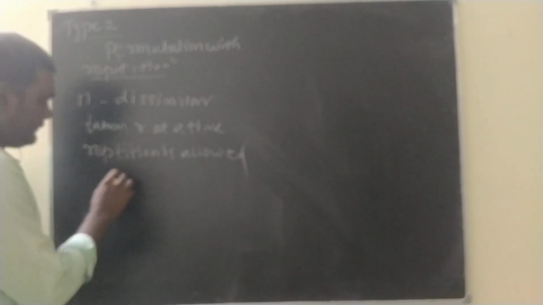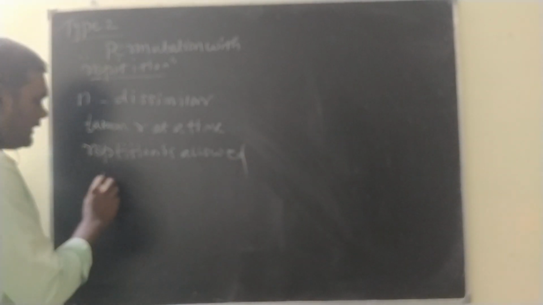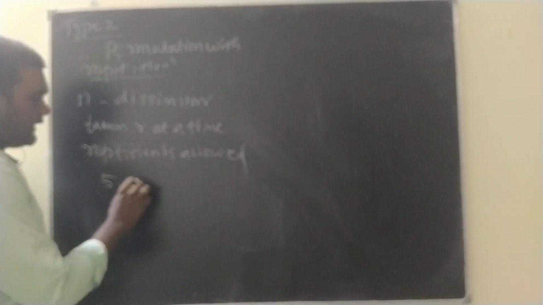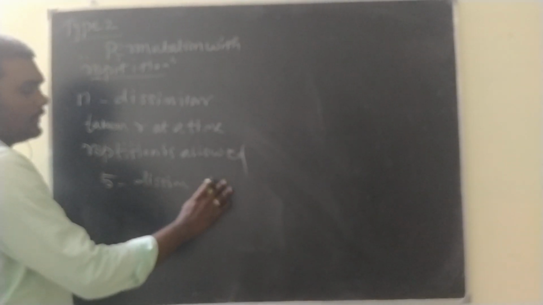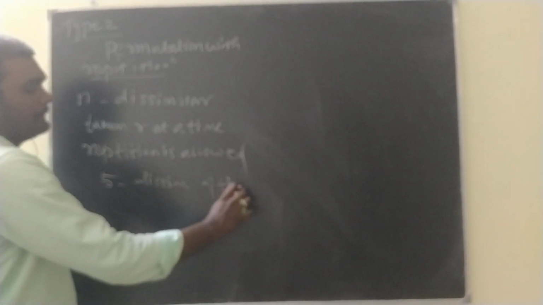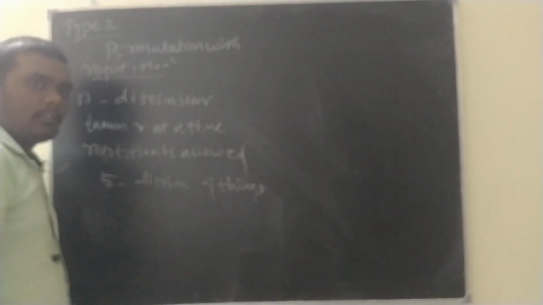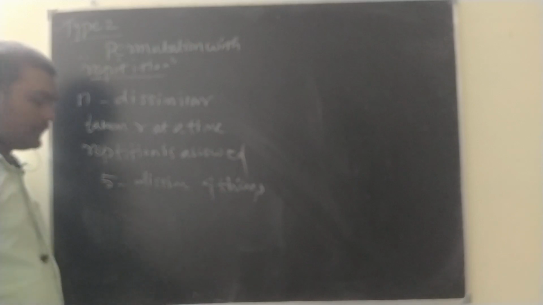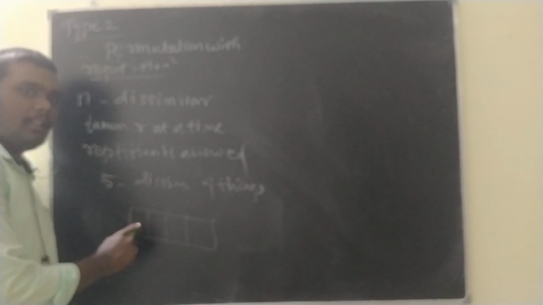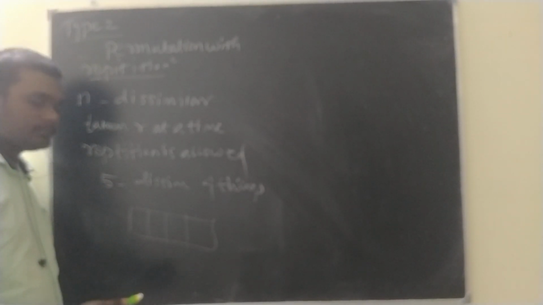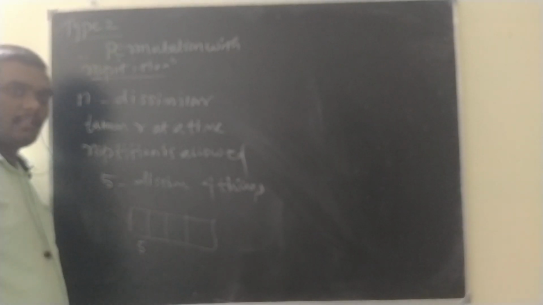See, for example, we are given 5 dissimilar things. We are taking 4 things at a time, which means we have 4 boxes to fill. In this, the first box will have how many chances? 5 chances.